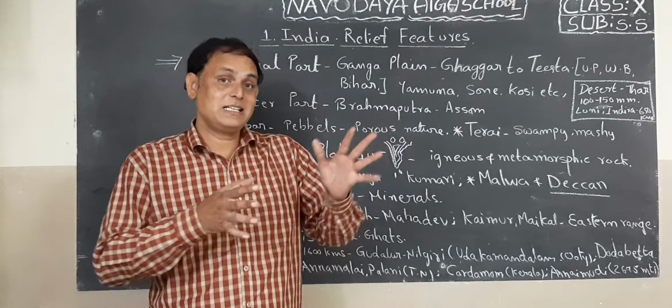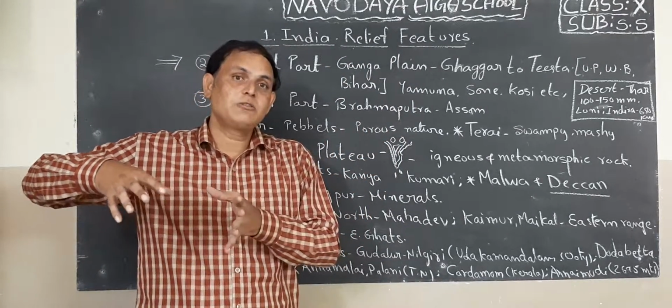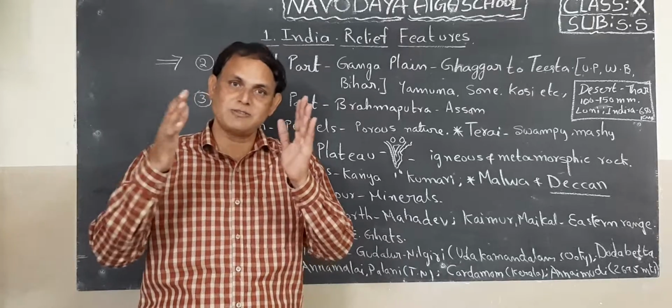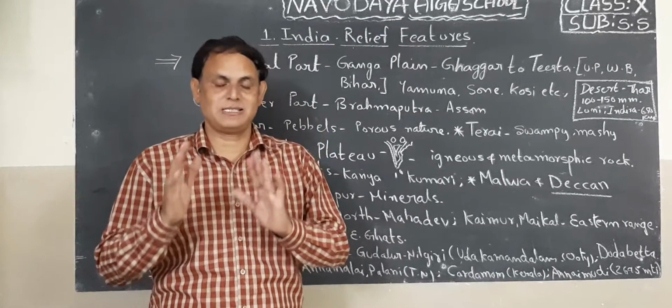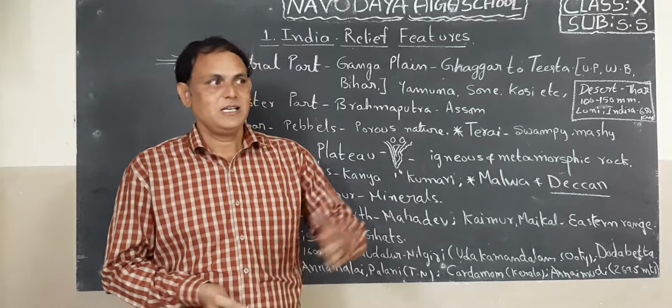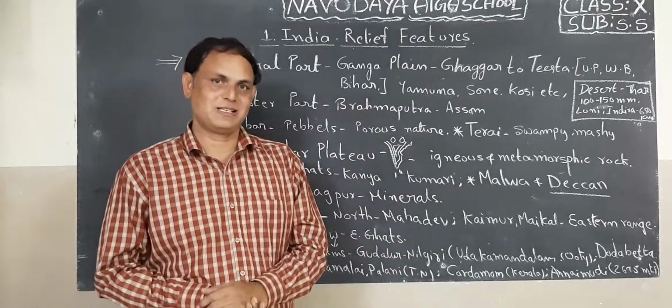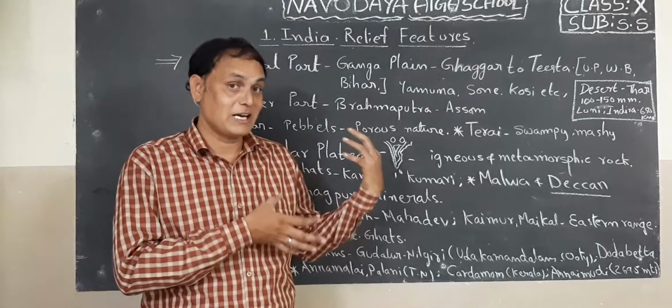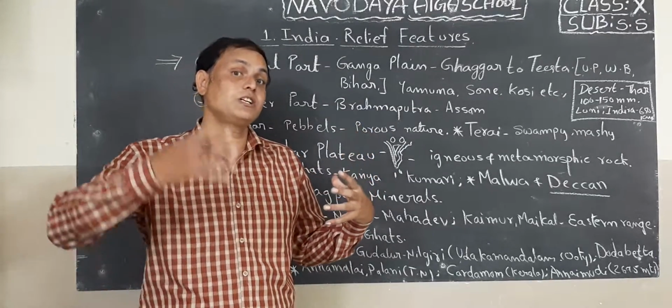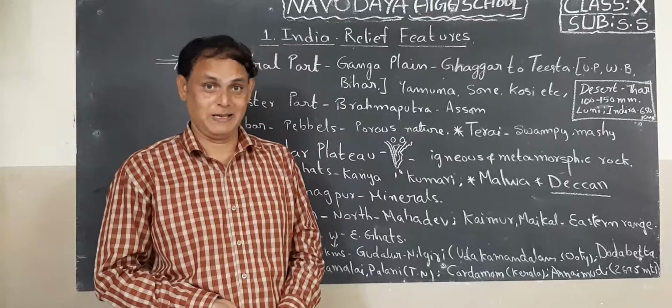But the Indus flows through our country only about 500 to 700 kilometers, and the Brahmaputra also about 700 kilometers. The Ganga flows over 2000 kilometers in our country.